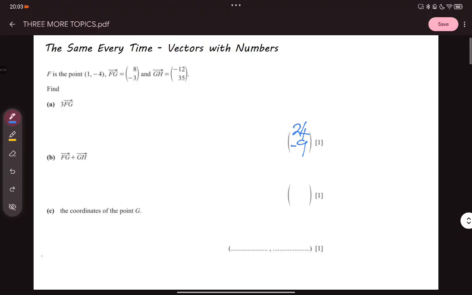FG plus GH, right? So FG is 8, -3, plus GH, which is -12, 35.